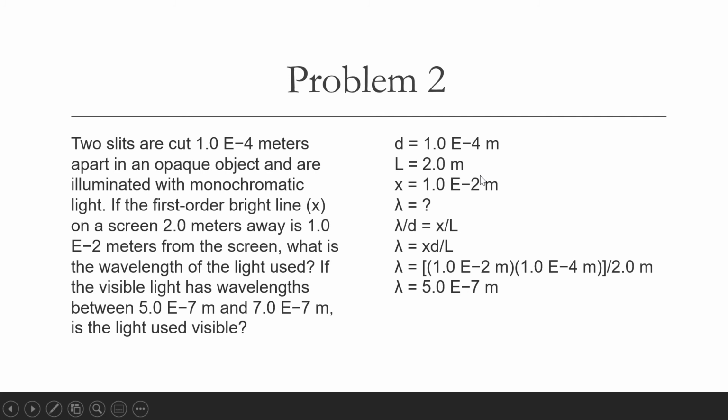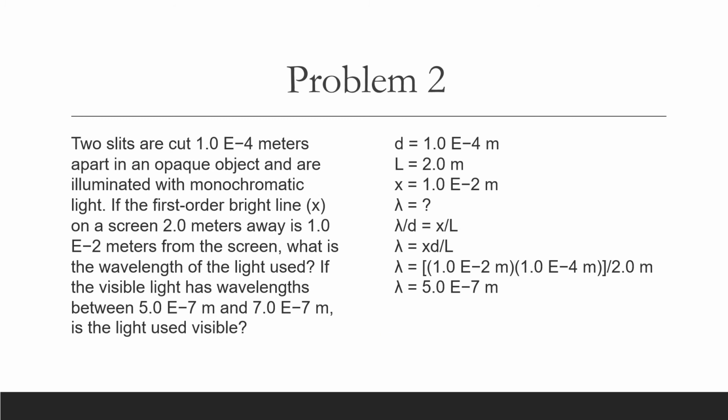And one more time, at first they are asking us for the wavelength, so we are just going to use the formula that we used from the previous problem. We are going to replace the data that we already gathered from the givens in our formula, and we are going to operate them. So at the end, the result of the wavelength we are going to get is 5.0 e minus 7 meters.